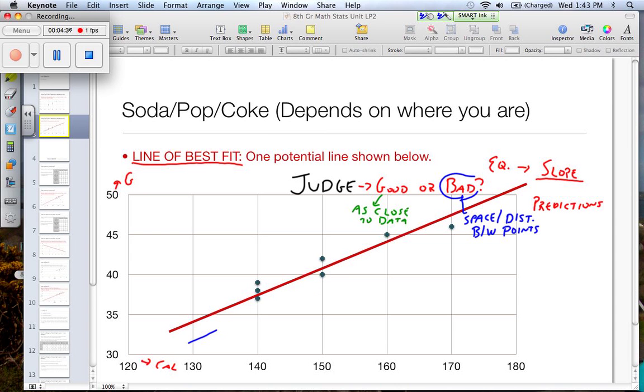Also, if you drew a line down here like this, I would say that's a pretty bad linear model. You're below all of your data points. You should try your best to get right in the middle of them. That way, you have a better chance of your model approximating the data correctly, so that when we get to making our predictions about pop or people or anything like that, your answer has a better chance of being correct or more legitimate.